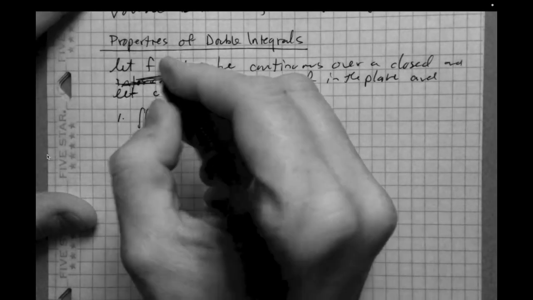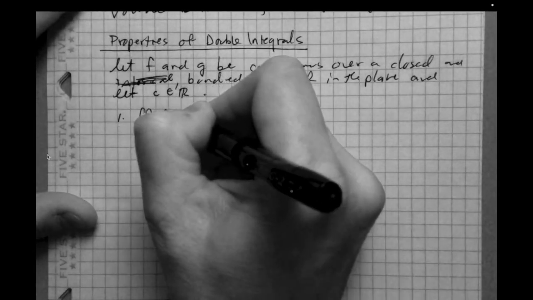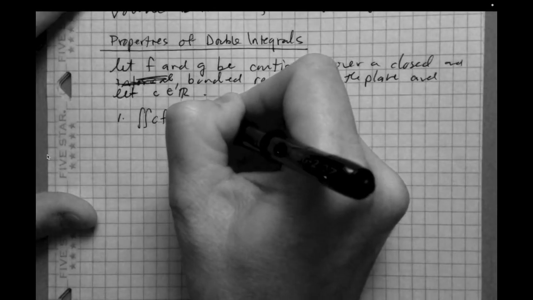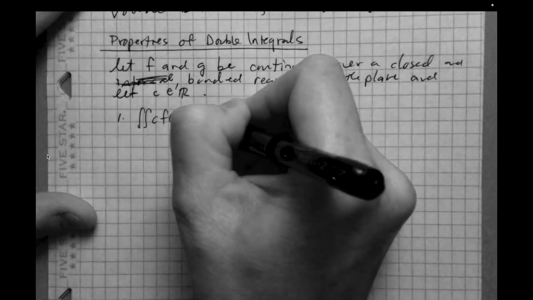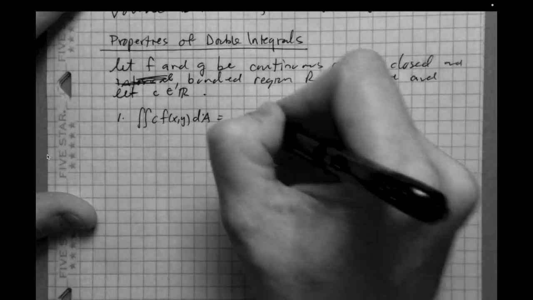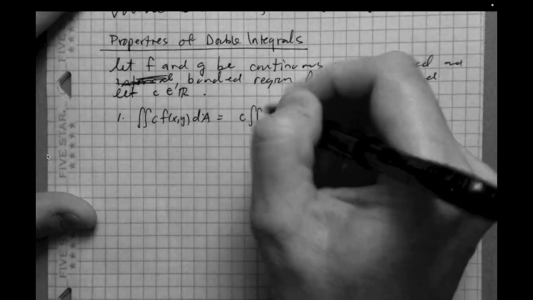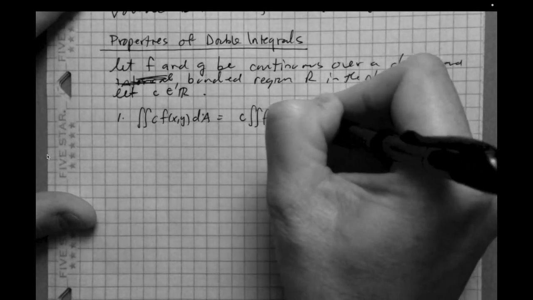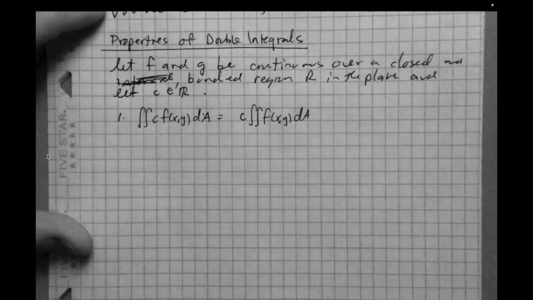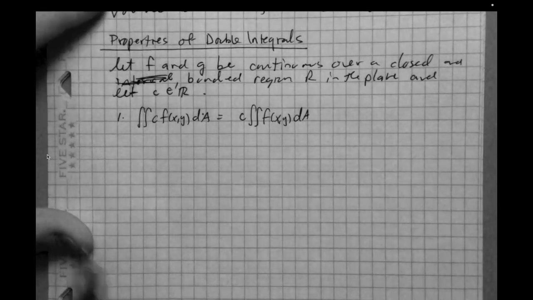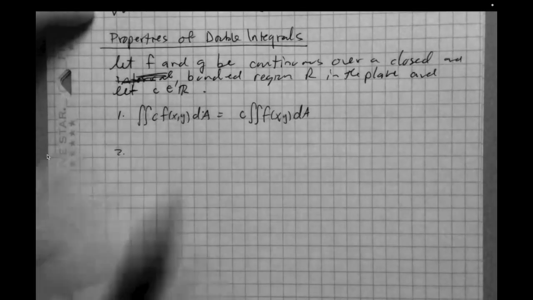The double integral of a constant times a function, you can pull the constant out. So that's nice. Basic. A lot of these are going to be kind of standard.